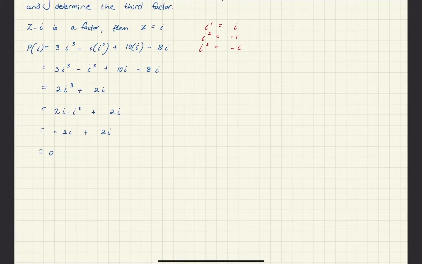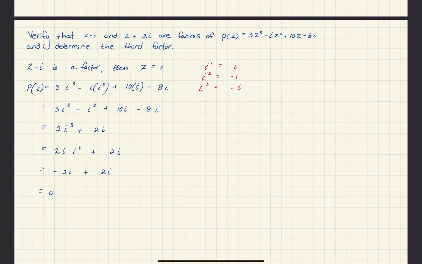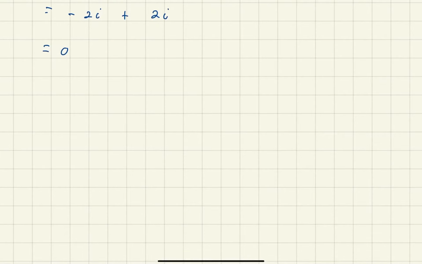Alright, so once again, if z plus 2i is a factor, then z equals -2i would be a root.